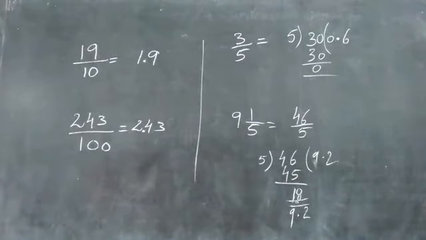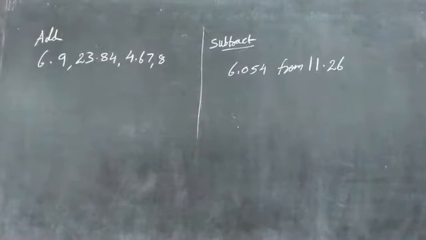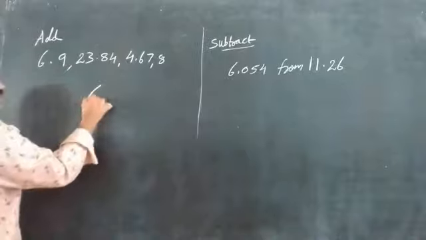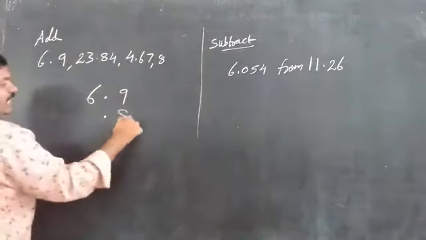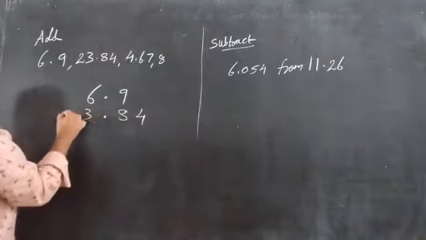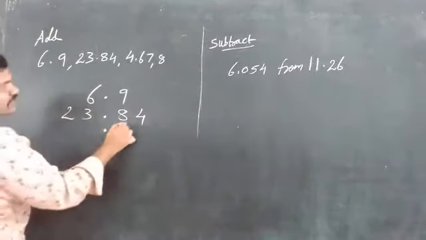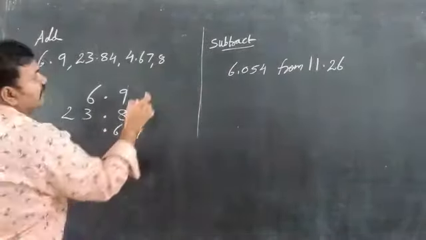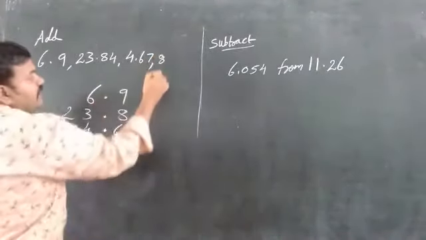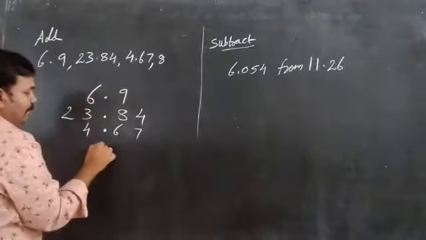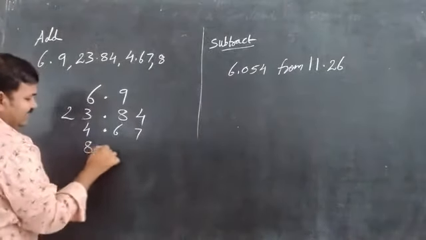The next one is additions. Additions and subtractions, how to do them in decimal form. For addition, the arrangement is 6.9, and the next number, point below point, right to right side, 8.432, then point below point, 6.7674. Here only 8 is given, so after it keep the point and zeros.